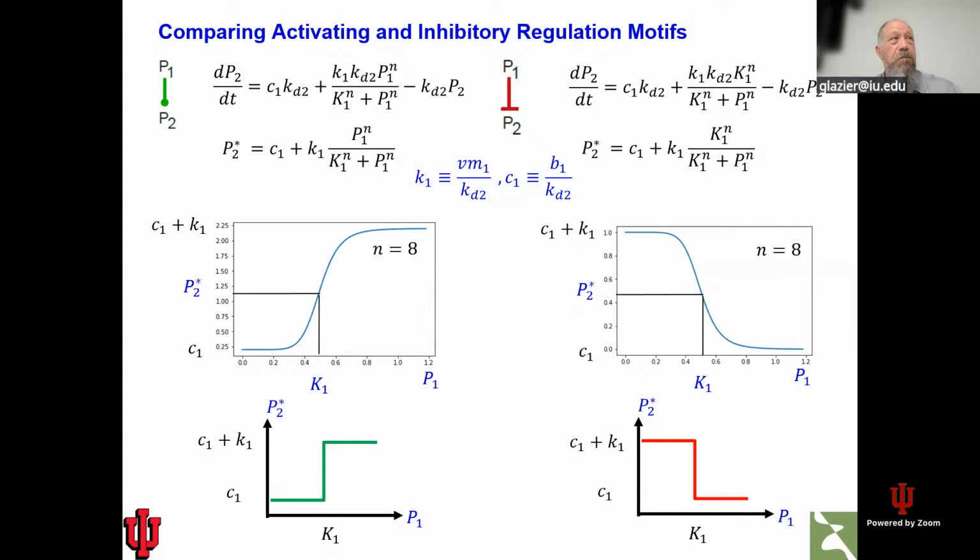And that's, I won't say always the case, but it's actually usually the case. And in several of the circuits that we had, we would have either two activators coming in to the same gene or an activator and an inhibitor coming into the same gene. And you have to ask, how do those signals interact with each other?